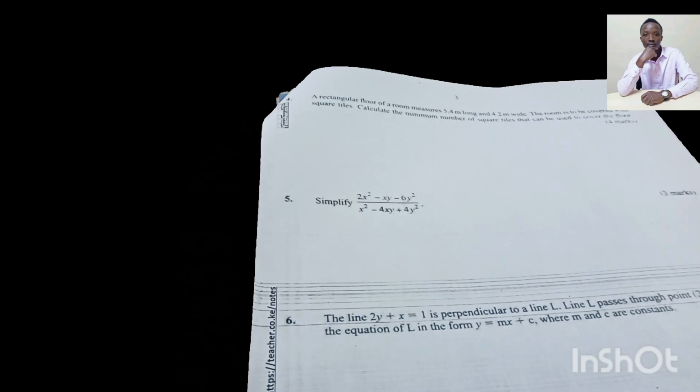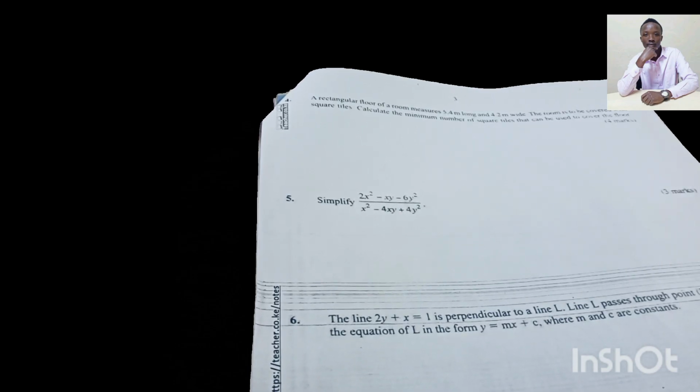So what are we going to do in this question? We are supposed to calculate the minimum number of tiles that can be used to cover the floor, so we are going to find the LCM of 5.4 and 4.2.